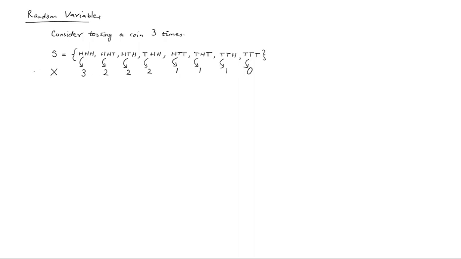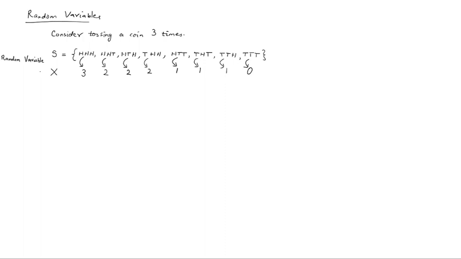So there are 2 things here that X is. Number 1, X is a variable, because the value of X varies, it changes. Sometimes it's 3, sometimes 2, sometimes 1, sometimes 0. The second thing is that it's a random variable, because the values X gets are based on a random experiment.